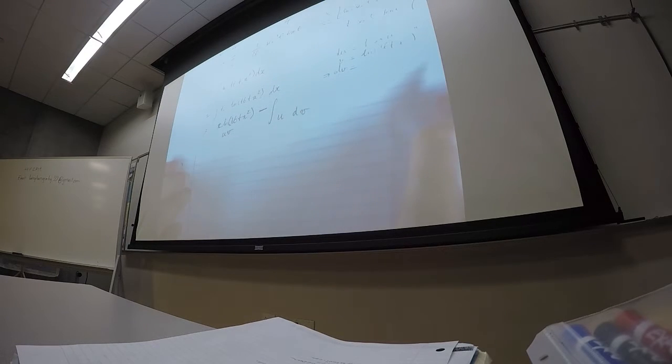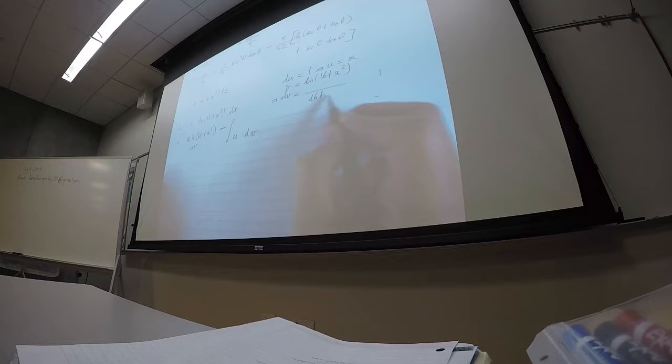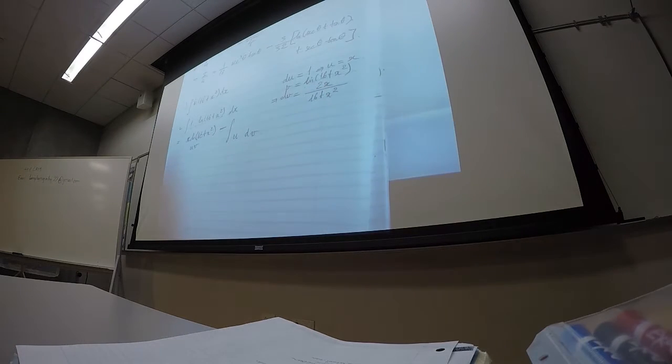du equal to, and the derivative of ln, we take the reciprocal, right? Reciprocal, so that's 16 plus x squared. But since there is a function inside, therefore we have to use the chain rule. So we have to multiply by 2x on the top, right? So 2x over 16 plus x squared.